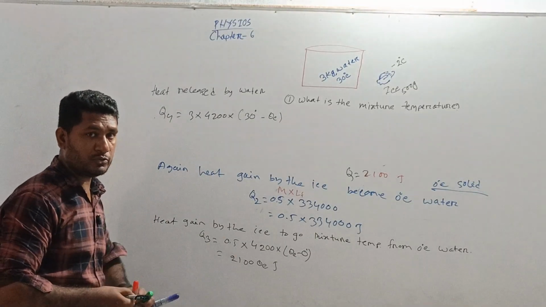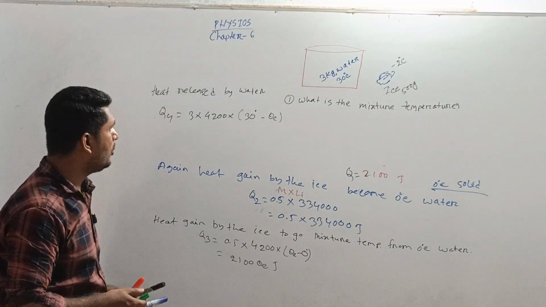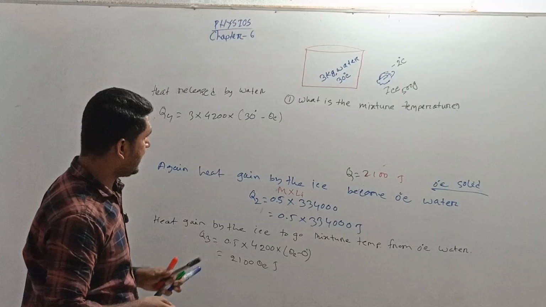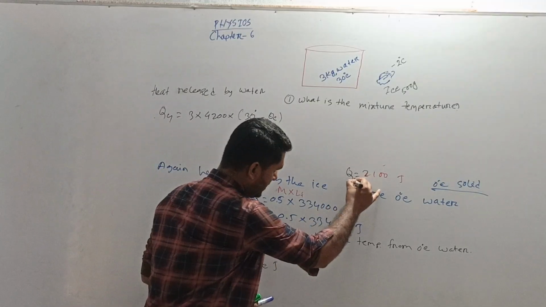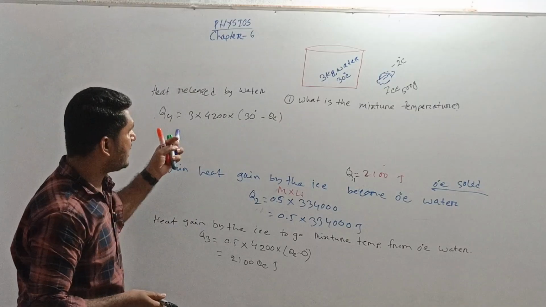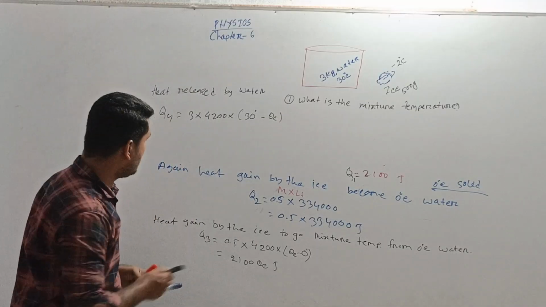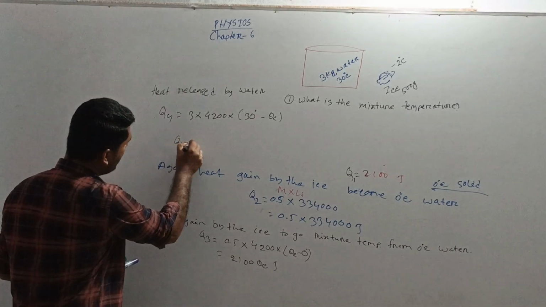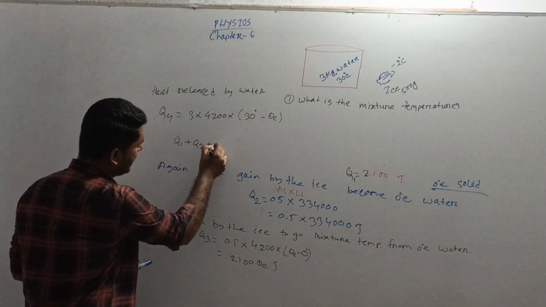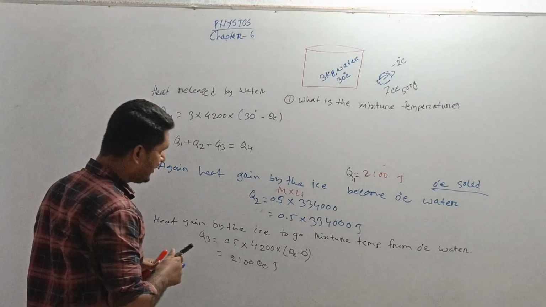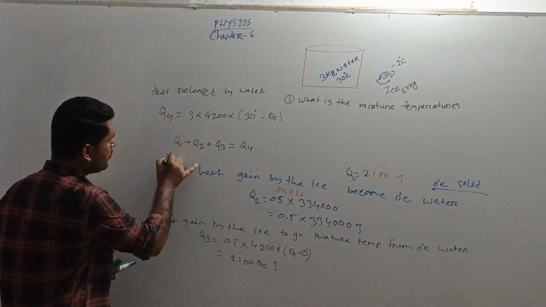Now according to calorimeter's principle, heat gain equals heat release, and we can see the ice gains heat in 3 steps and only the water releases heat in 1 step. So we can write Q1 plus Q2 plus Q3, the gained heat, equals Q4. Put the values here.